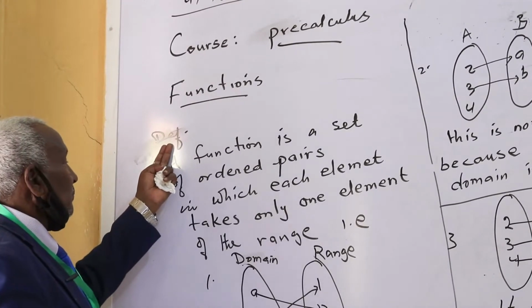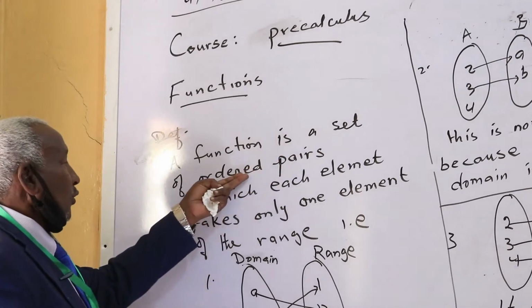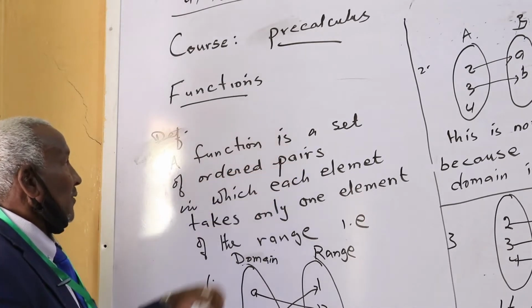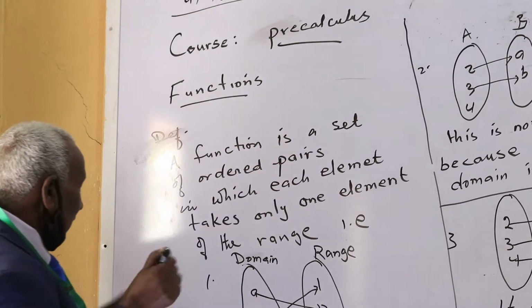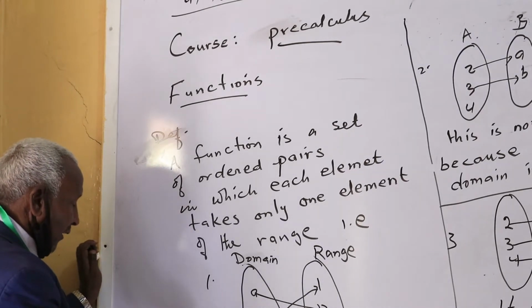Definition of a function. A function is a set of ordered pairs, written in the form of (2, 3).